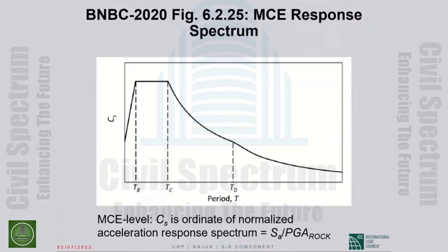Okay. So we try to go from ASCE 7 to BNBC. This is the spectrum that you have seen a number of times now, the BNBC spectrum, defined at those points, TB, TC, TD. MCE level C sub S is the ordinate of the normalized acceleration response spectrum. C sub S is S sub A divided by PGA on rock.